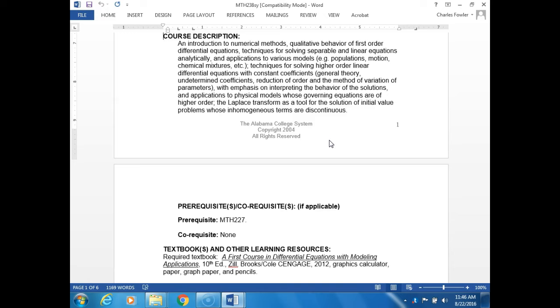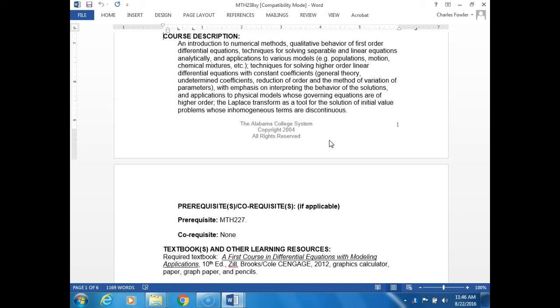So basically, we do first order differential equations. That's chapter 2. Now, we may come back and do a little bit of modeling with that, but if I am reading that right, I really don't see modeling on here anywhere. So I'm skipping chapter 3 for now.